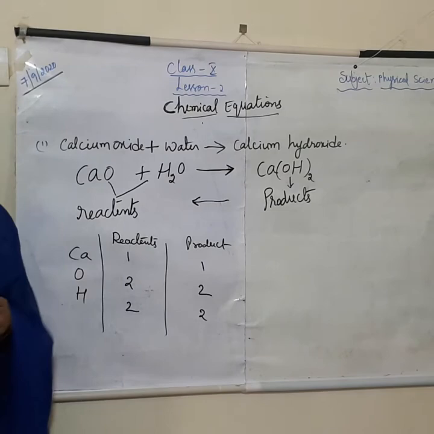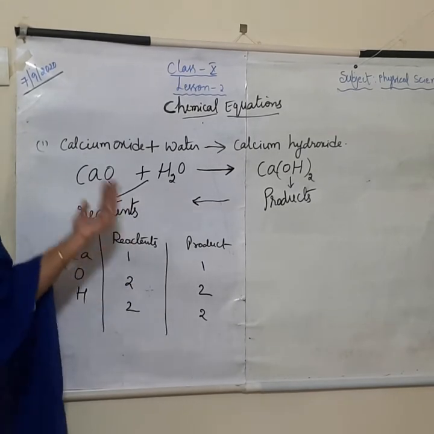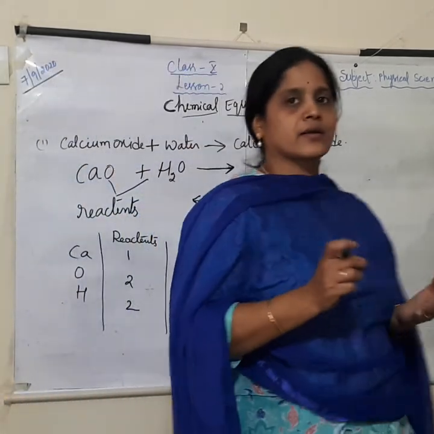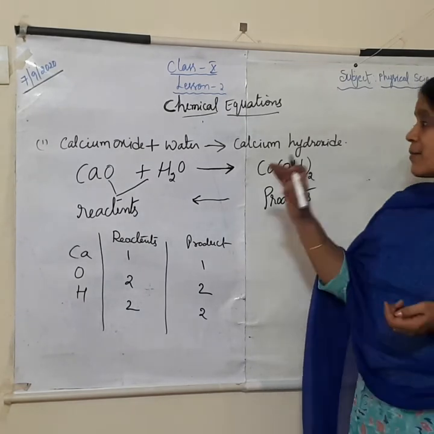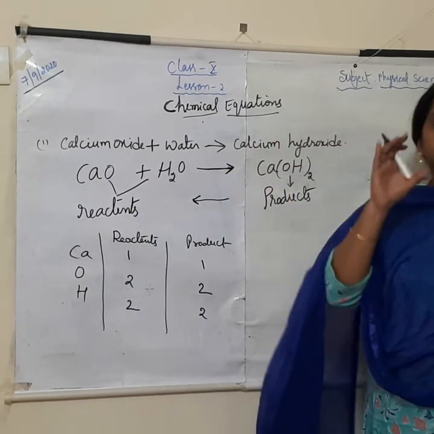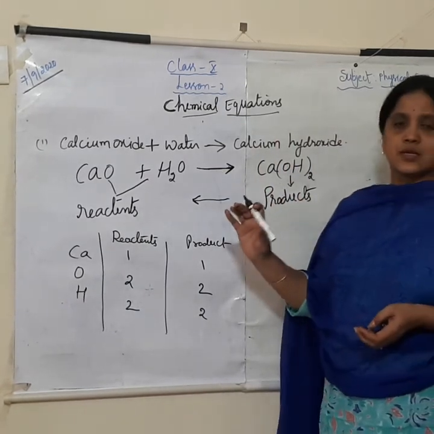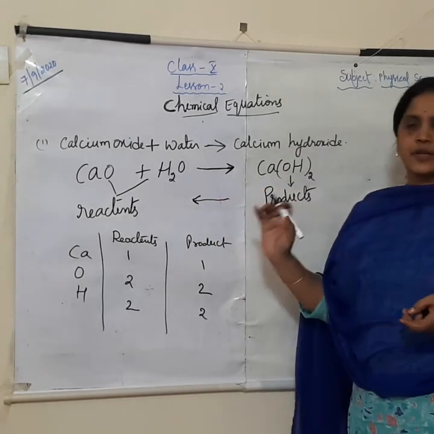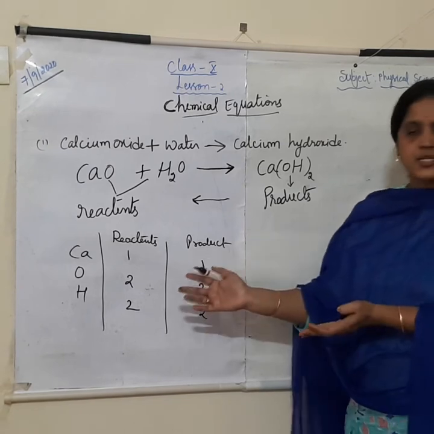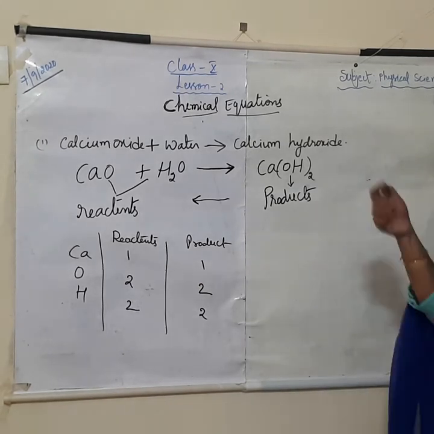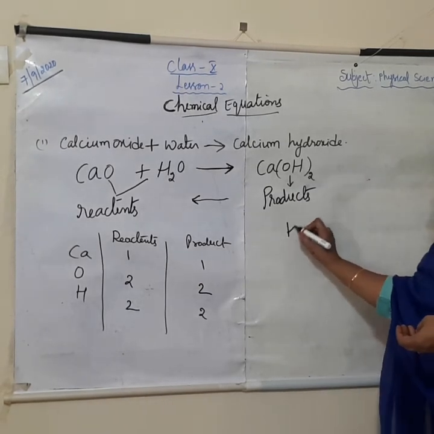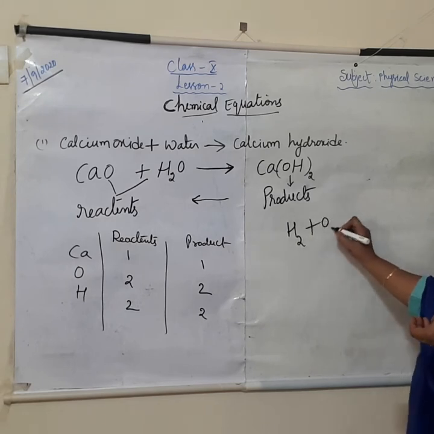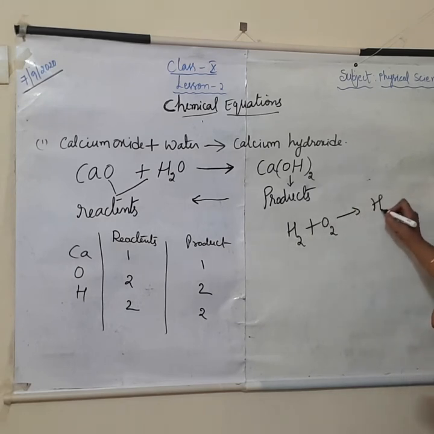So after writing a chemical equation, you must check whether the number of atoms of each particular element on the reactant side and the product side are the same or not. In this equation, they are the same. For example, take one more example: when hydrogen gas combines with oxygen gas, we get water.